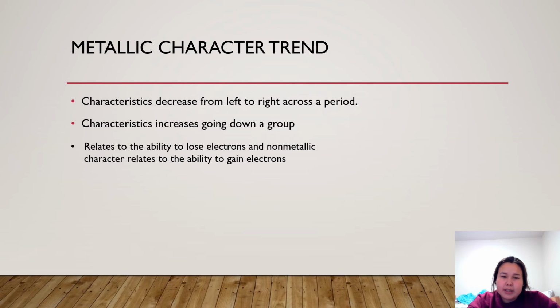Metallic character relates to the ability to lose electrons, and non-metallic character relates to the ability to gain electrons. The electron shielding causes the atomic radius to increase, thus the outer electrons ionize more readily than electrons in smaller atoms.